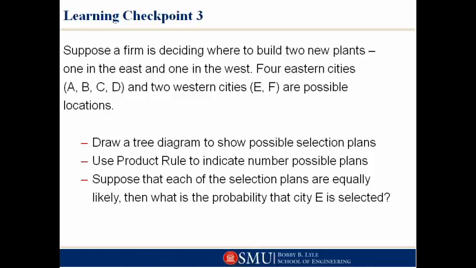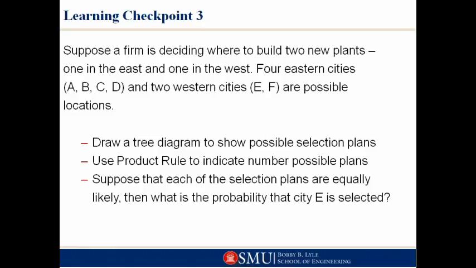Another learning checkpoint. Suppose a firm is deciding where to build 2 new plants, one in the east and one in the west. 4 eastern cities, A, B, C, D, and 2 western cities, E and F, are possible locations. Equal chance for any of these cities. It doesn't matter whether it's New York, Boston, Philadelphia, and Washington, or Miami in there.